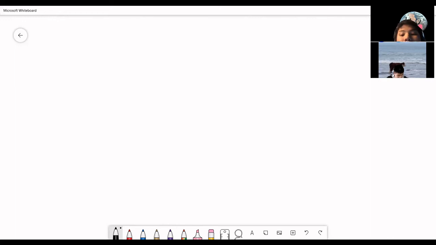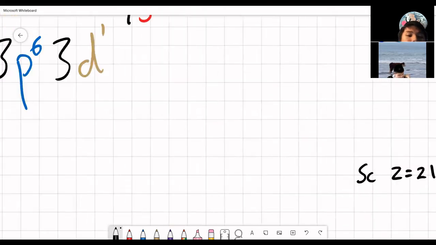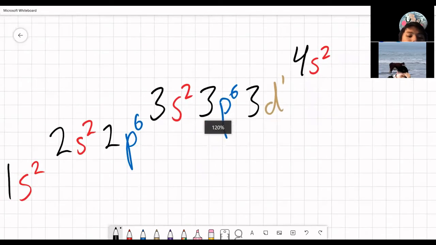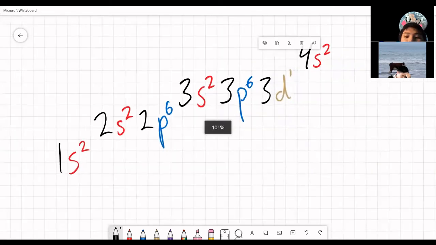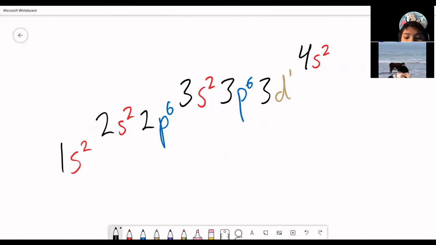So now I'm going to give an example of what it would be like to calculate the effective nuclear charge for an electron using Slater's rules. The atom we're going to be looking at is going to be scandium, and this has a Z value of 21, which means it has 21 protons. Now, if we look at the electron configuration for scandium, we see that this is what it looks like. And now say we want to calculate the effective charge experienced by an electron in the 3s2 orbital.